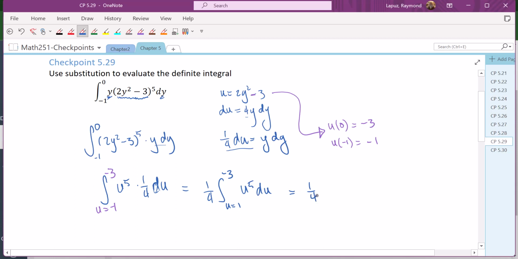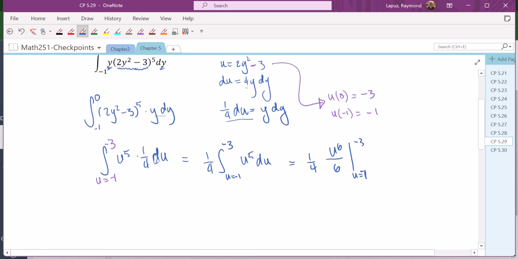So with my 1/4 constant, the antiderivative of u to the 5th is u to the 6th divided by 6, and I will input -1 and -3. One more simplification step: this is 1/24, and then u to the 6th from u equals -1 to -3.